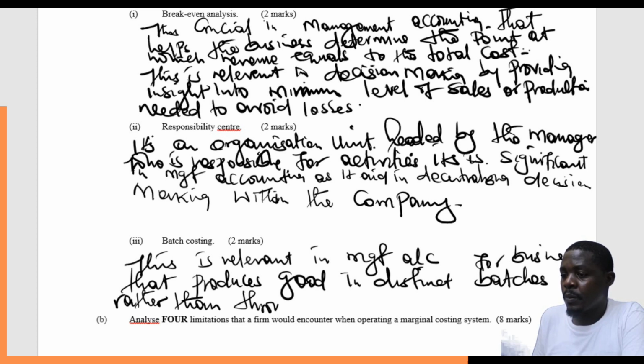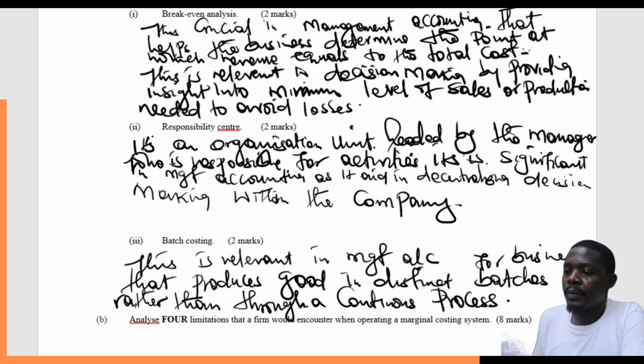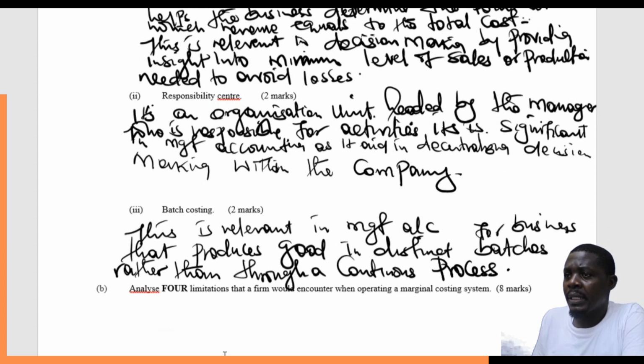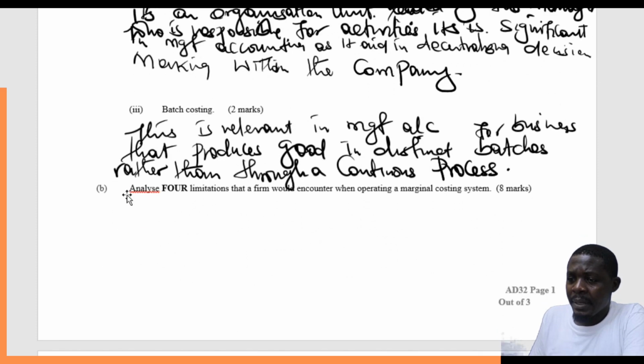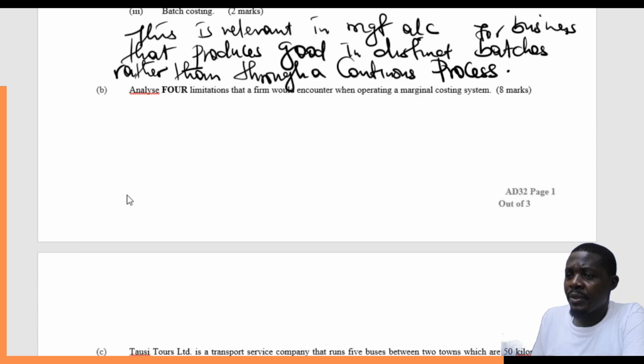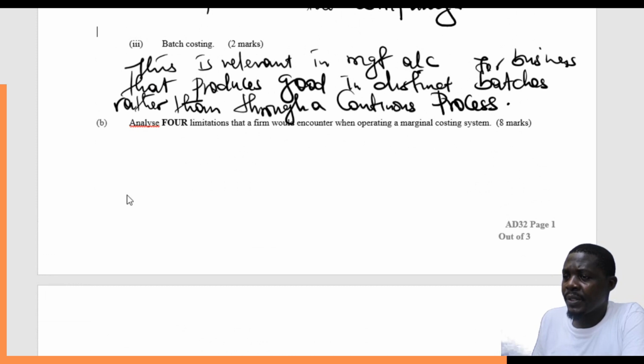Those are the relevance of those three management accounting terms: break-even point, responsibility center, and batch costing. But B, we are told to analyze the limitations that a firm will encounter when operating a marginal costing system.